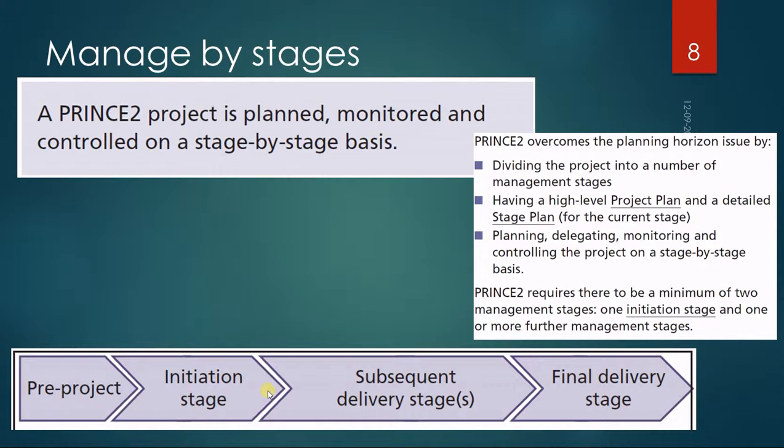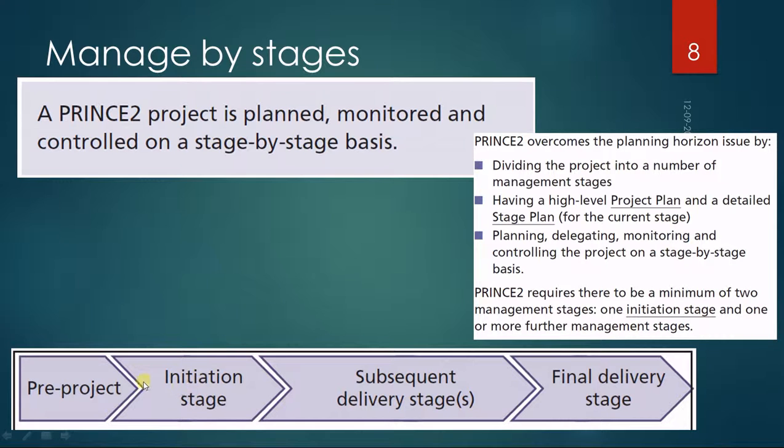And then there's something called planning horizon, and that is like when you start up a project, you could make a plan like the one down here, or similar to this one, where you can tell the project board that this is how we're going to run the project. We have a pre-project where we're going to make the first documents, and then the project board can approve that, and then you have an initiation stage.